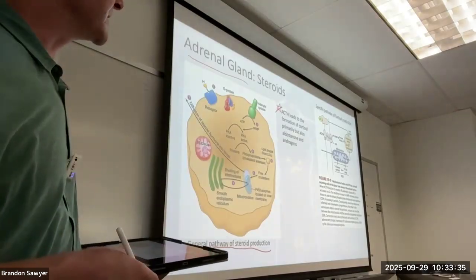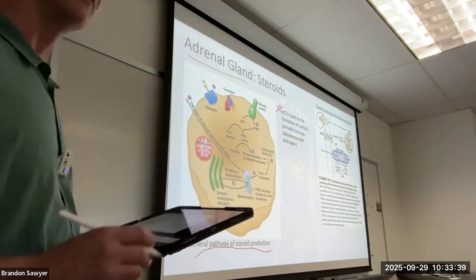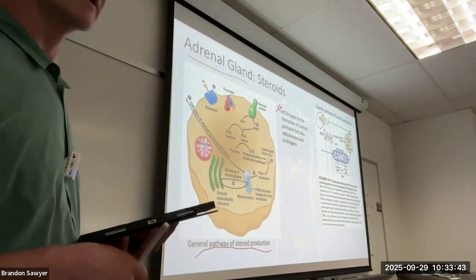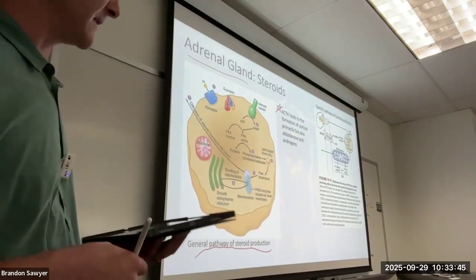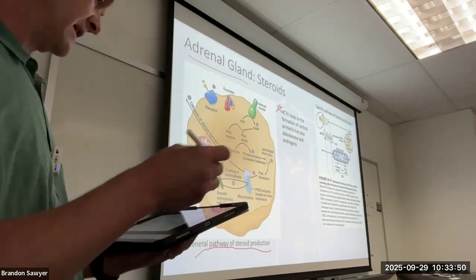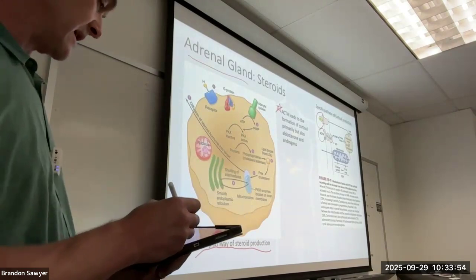But one of the key things is that we need cholesterol to do this, so we see LDL there. Cholesterol is needed for the production of these hormones. And this is showing where ACTH binds and leads to this process.